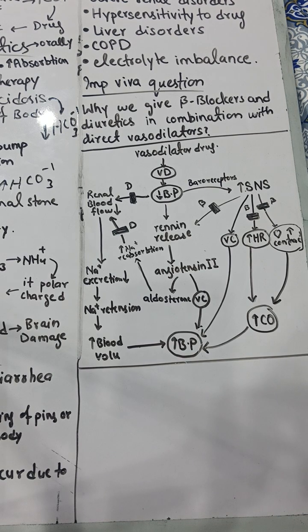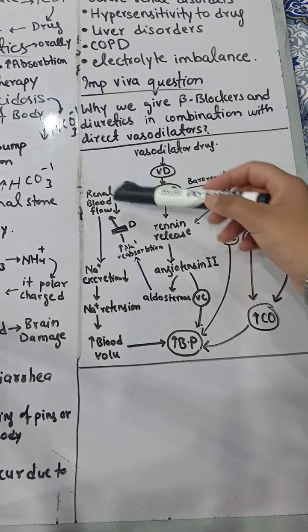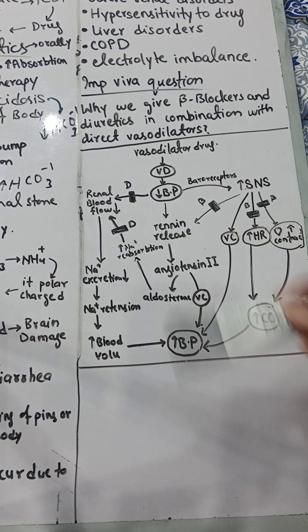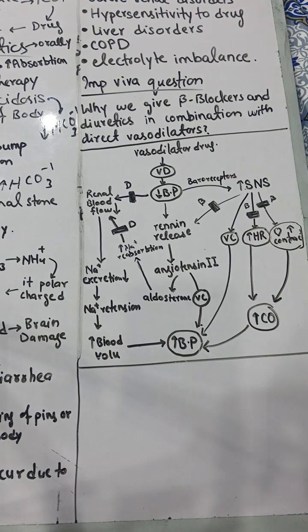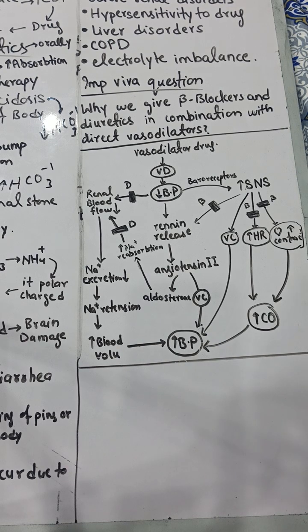Now decreased blood flow goes to the renal system. As a result, there is a decrease in sodium excretion. Sodium will not move outside your body. It means sodium retention increases, meaning more and more sodium is present inside your body. As a result, blood volume increases and the blood pressure increases.